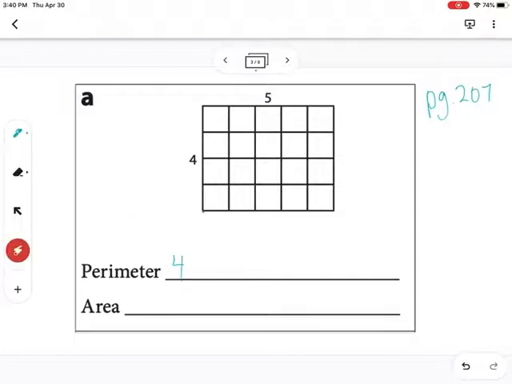Let's keep going around. What's the length of this side? Yeah, the length of this side, I'm going to write it in here, is 5, because this side and this side, those lengths are equal because this is a rectangle.